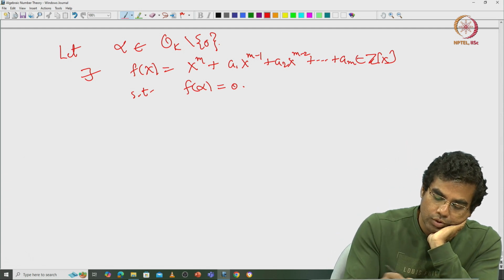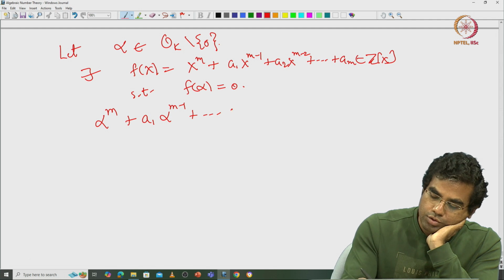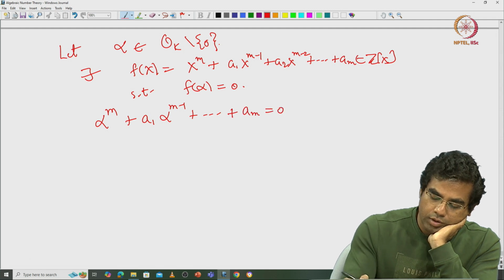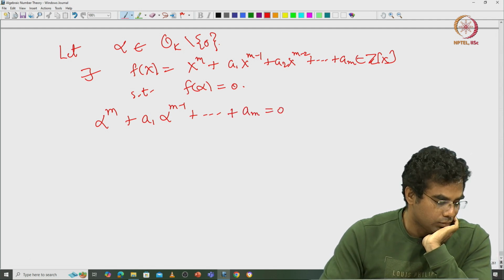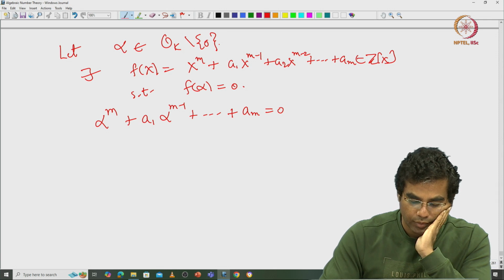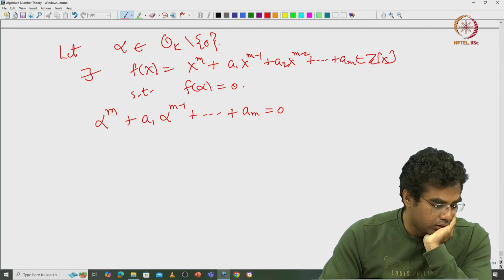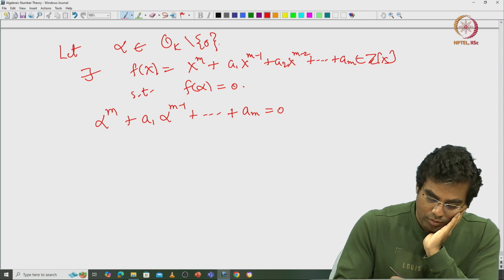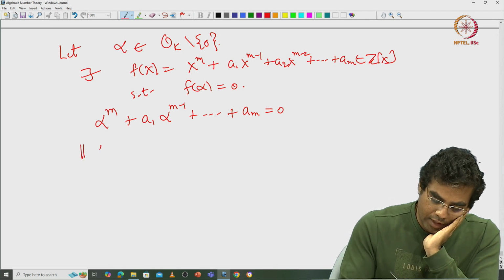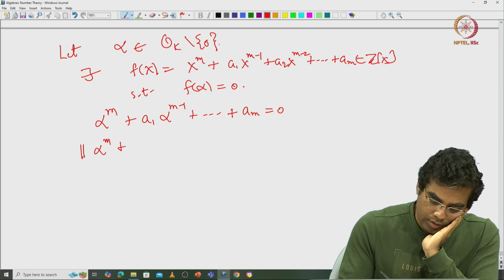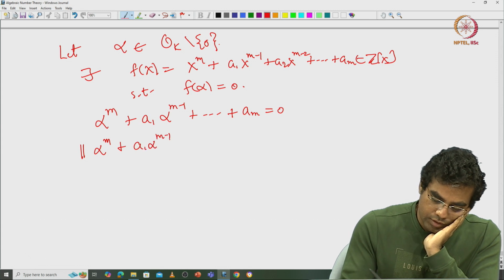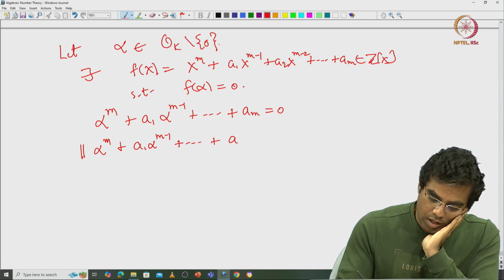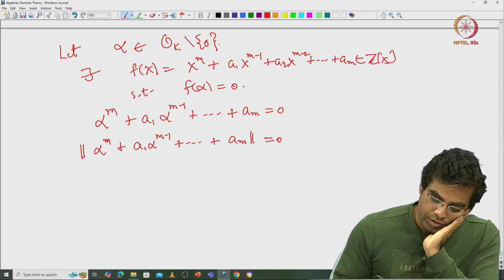Okay. So, what do I know? I know that alpha to the m plus a1 alpha to the m minus 1 and so on up to am is equal to 0. Now, what do I know from this? I know that valuation of alpha to the m plus a1 alpha to the m minus 1 and so on up to am is equal to 0.